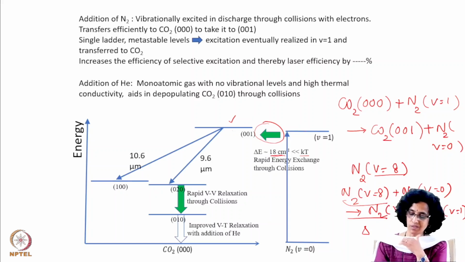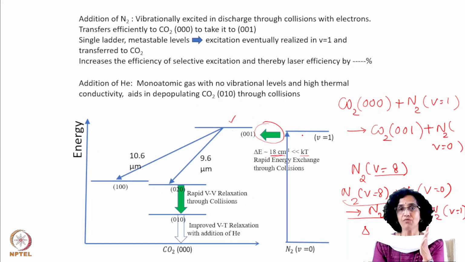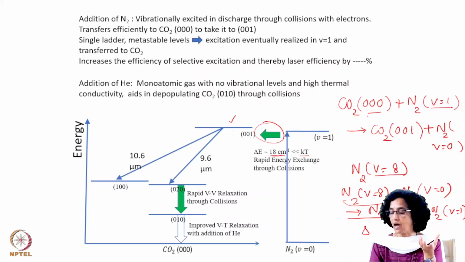Basically, nitrogen has the first vibrational level, which is very close to the upper laser level of CO2, right? Therefore, a CO2 molecule in the ground state, when it collides with nitrogen in the upper level, V equal to 1, can efficiently be taken to the upper laser level, while nitrogen comes down to the ground level.